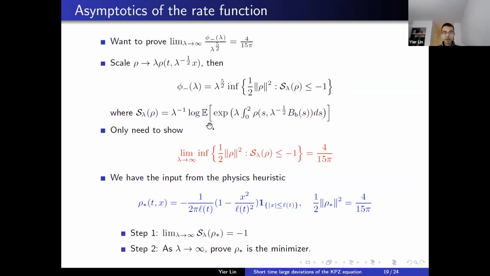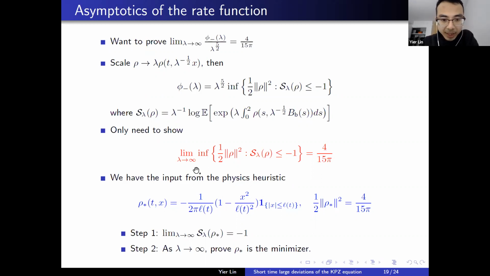But it seems that this map does not tell you much information about what kind of optimal rho should be. But the nice thing, as I mentioned, is you have an input from this physics heuristic, which is not part of the argument, but this solution to the PDE, this rho star, which I showed you a few slides before.